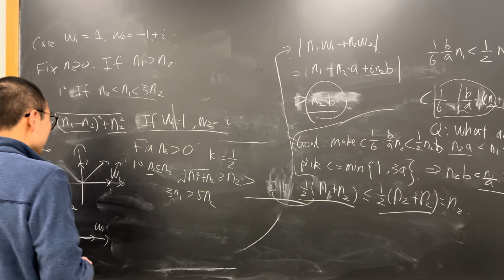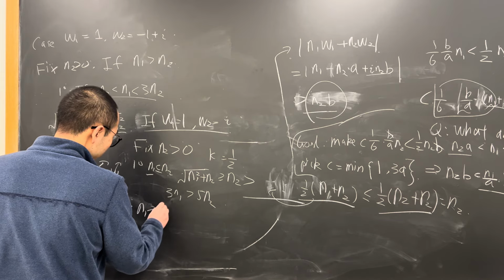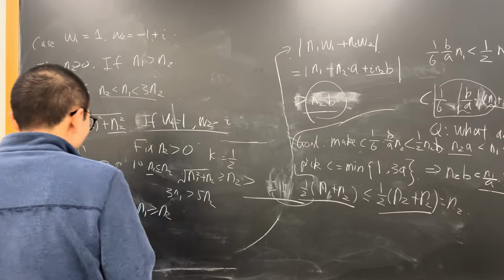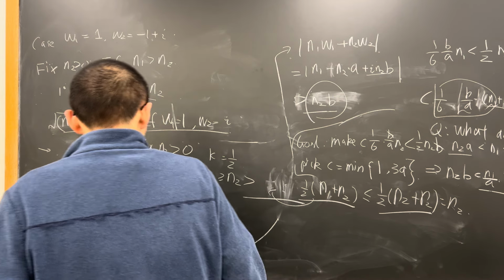So what happens if this n1 is bigger than or equal to n2? In this case, I think we use n1 as the upper bound, right? Let's see.